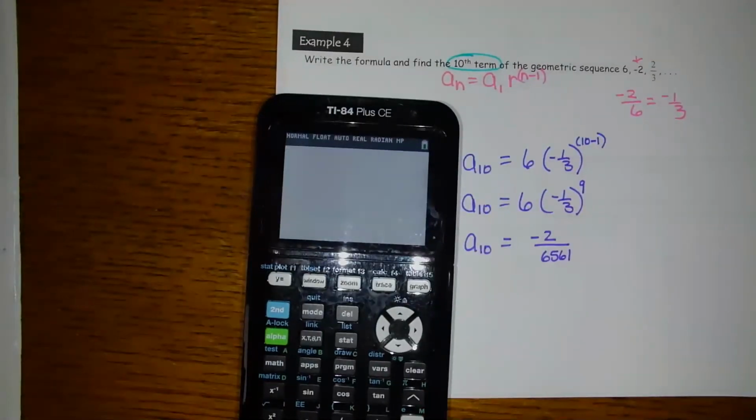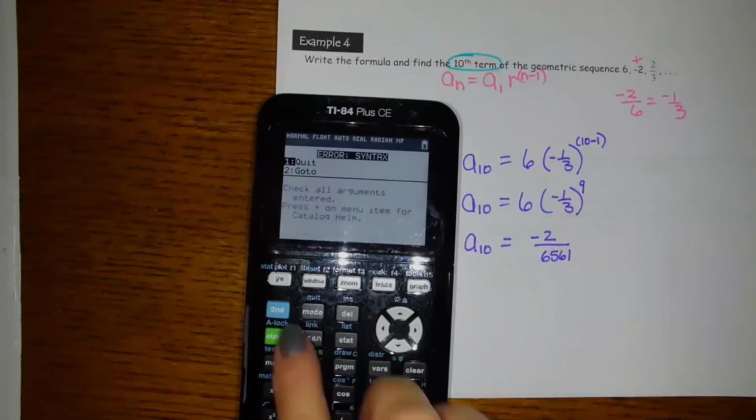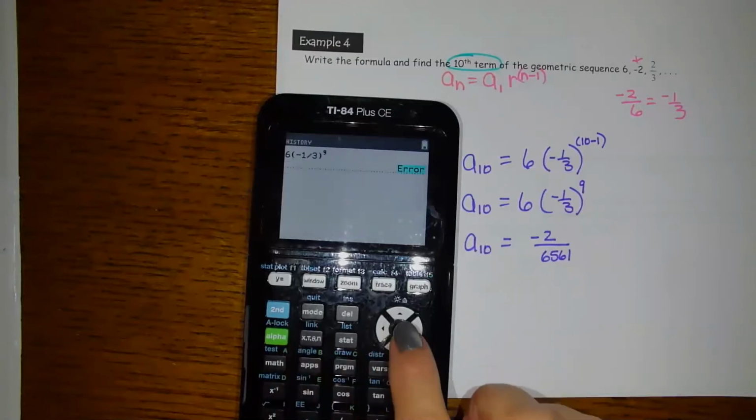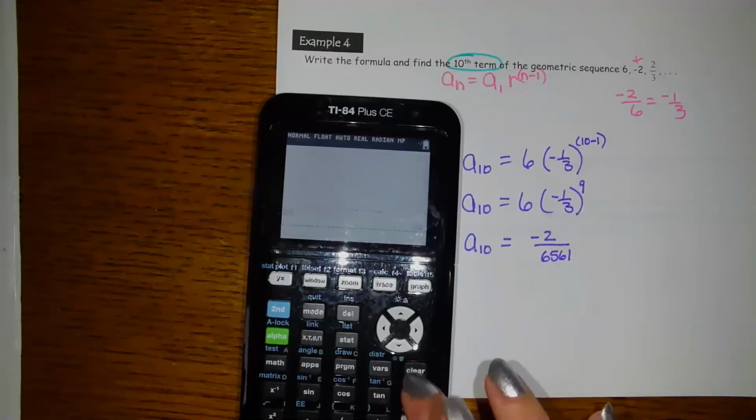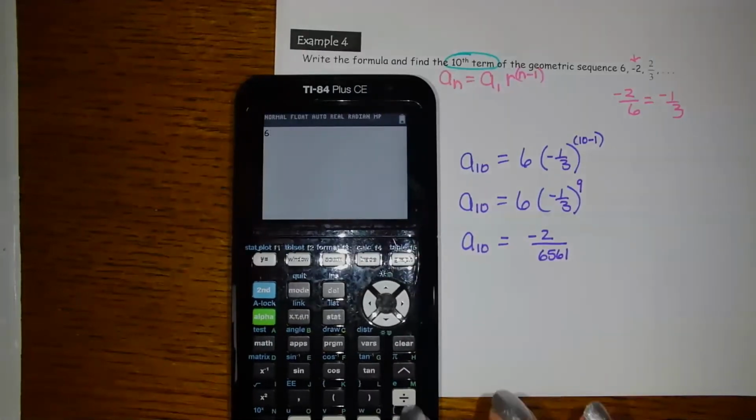If you plug it in like this, whoops, I forgot my multiply. Okay, let's try this again.